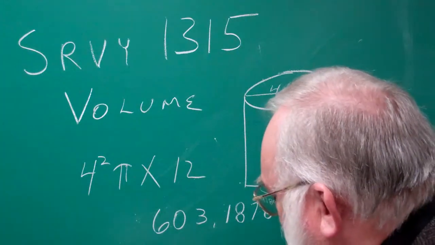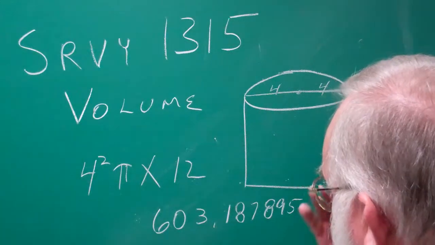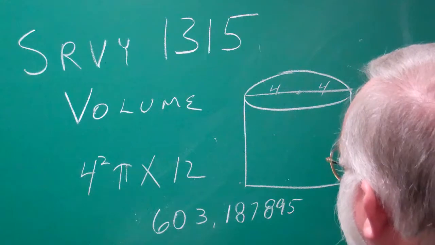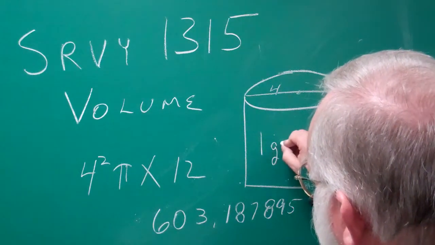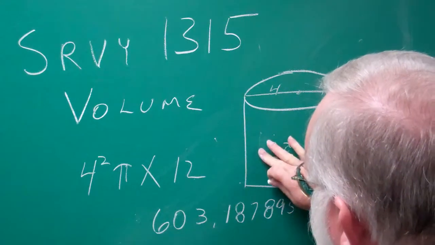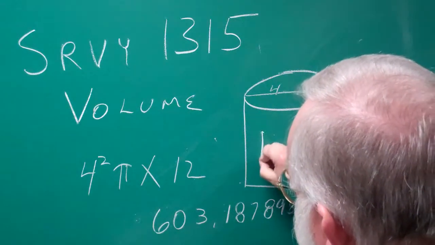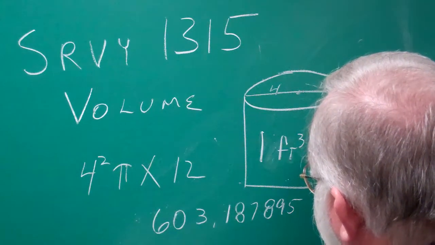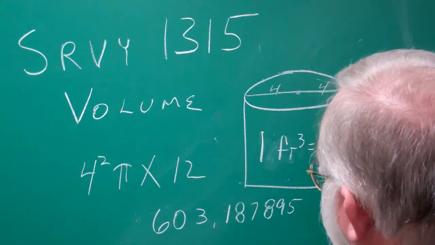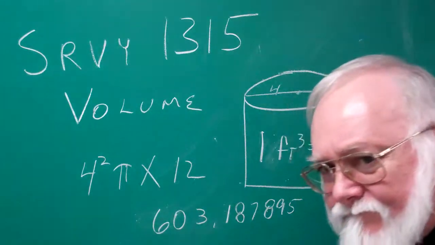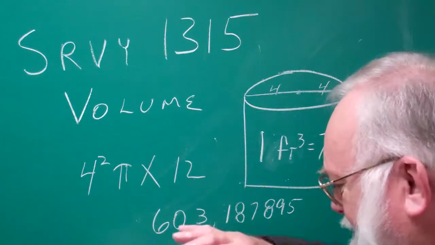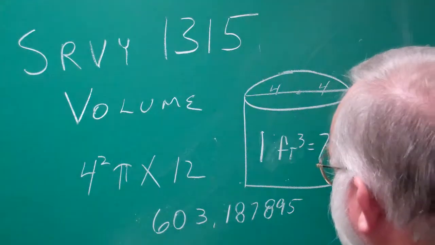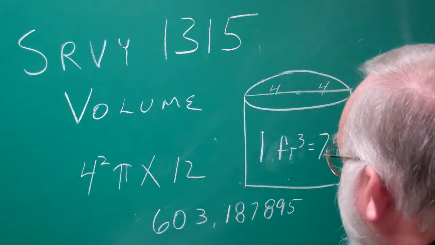A gallon is just an old unit of measurement, and 1 cubic foot equals 7.481 gallons. That's a lot of gallons in 1 cubic foot, but you almost never see a cubic container that's 1 foot on a side.